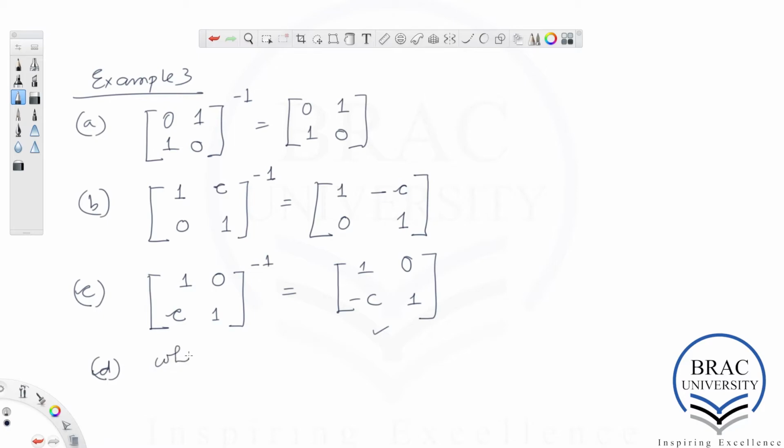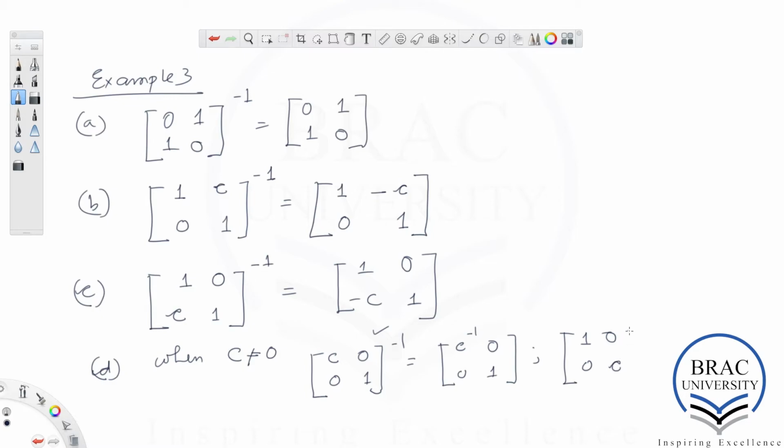Finally, when C is non-zero, then the inverse of this elementary matrix is just C inverse 0 0 1, and the inverse of this elementary matrix is going to be equal to 1 0 0 C inverse. Okay, good.